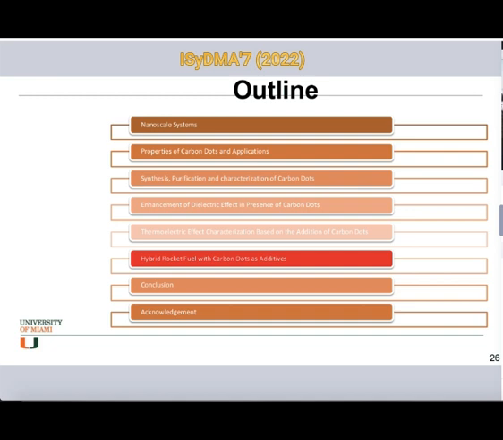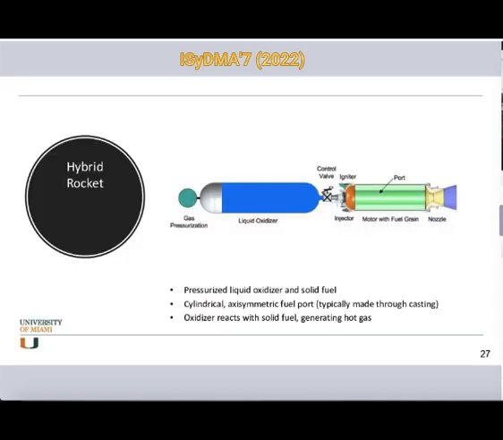So on the next one, and this is the last application, I would like to mention that we're interested in rocket fuel, and this is composed of the following. We have a liquid oxidizer and also the combustion of the fuel.